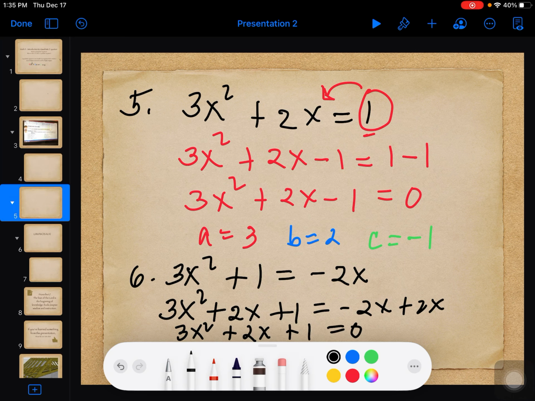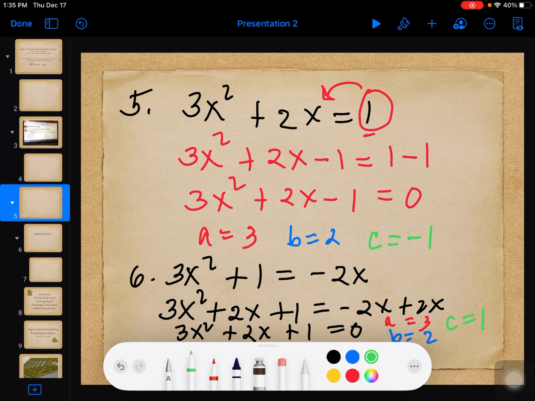And there you go. Sure, we can now write down A, which is 3, B, which is 2, and C, which is 1. There you go. All right.